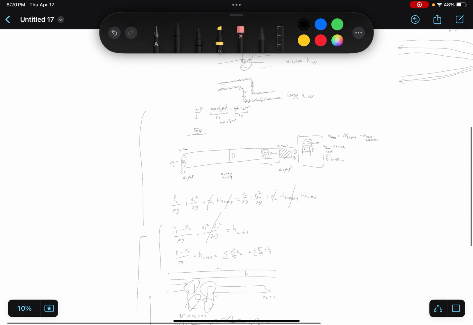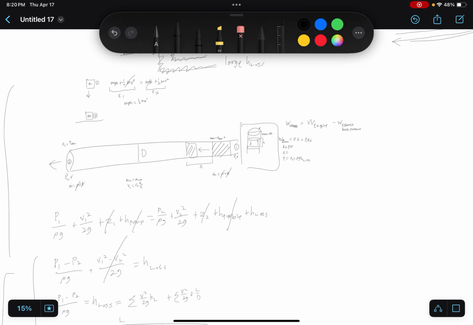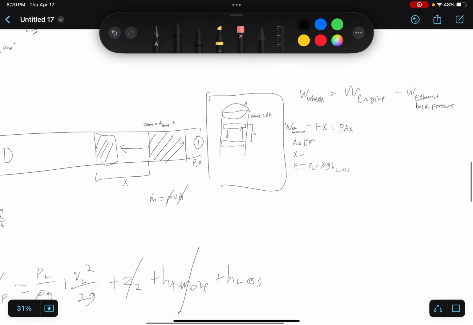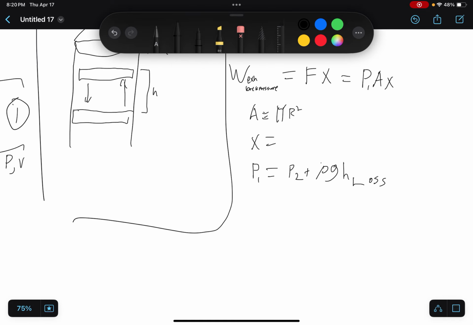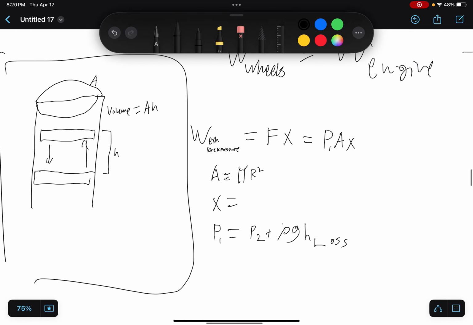Okay, now, one way to decrease exhaust back pressure is to decrease P1, and to decrease P1, you either decrease P2 or you decrease the loss, and the loss is the pipe diameter, it's the velocity, it's the friction factor, it's all that stuff.